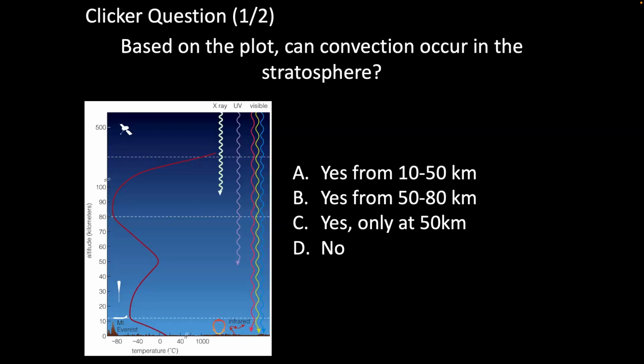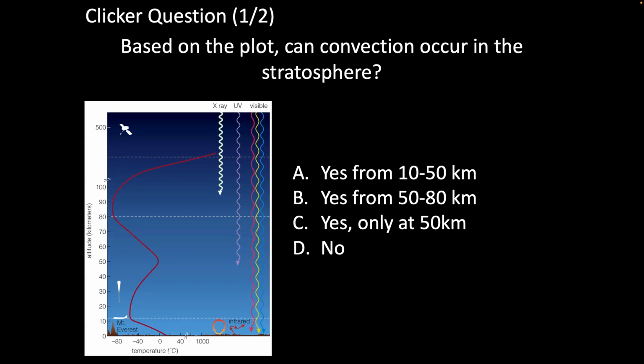I want to argue their point. Okay, so in the troposphere, instead of going from hot to cold, it gets colder as it goes up. And then once you hit the stratosphere, it starts to get cold, but then it goes back up, right? So then from 50 to 80.